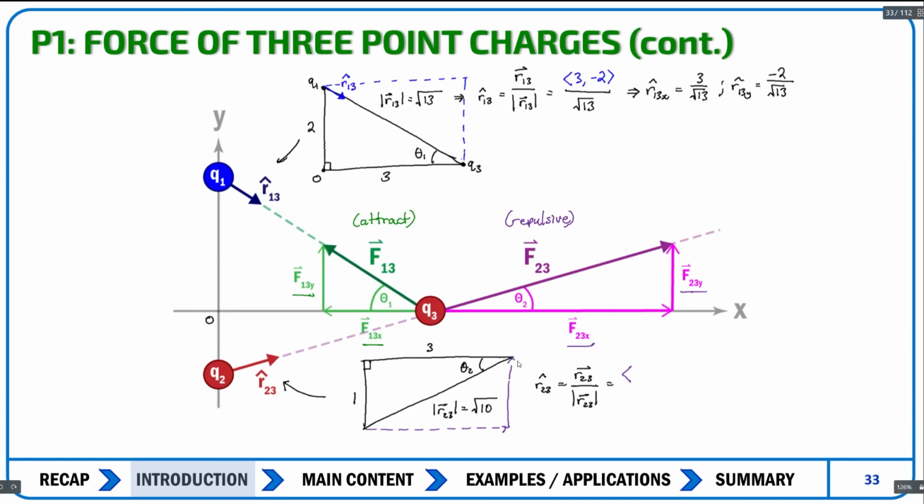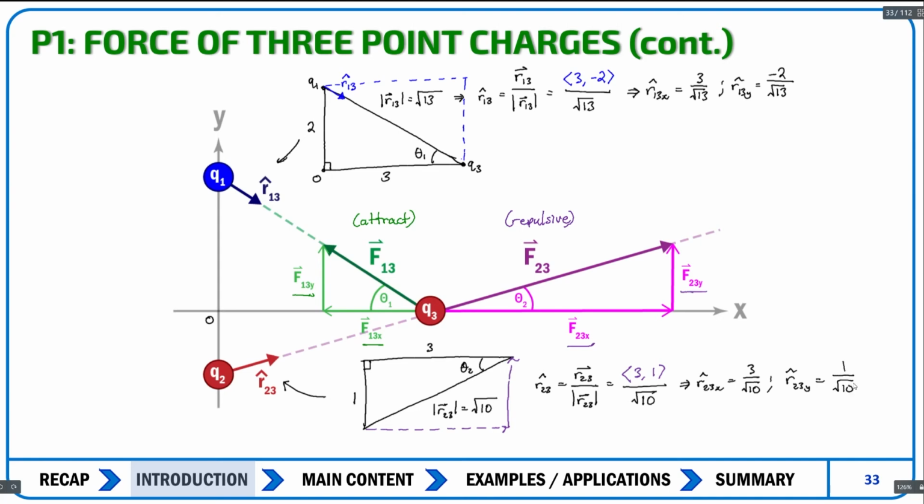So right 3, up 1, divided by the square root of 10. So that tells me that I have r23x being equal to 3 over the square root of 10, and then r23y being equal to 1 over the square root of 10.